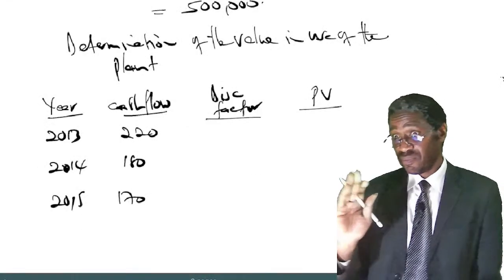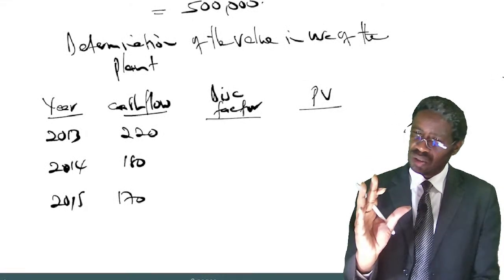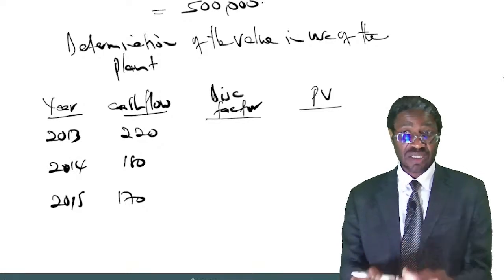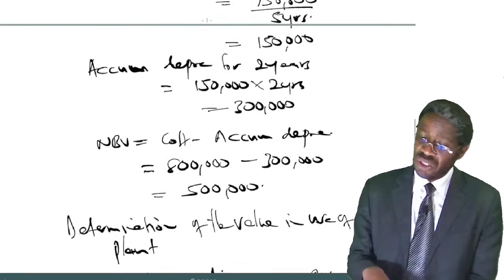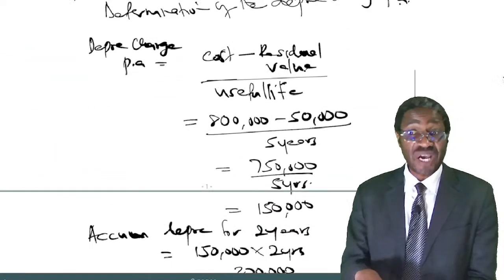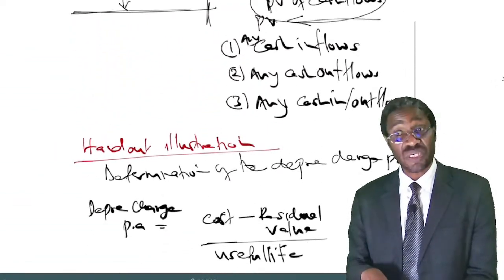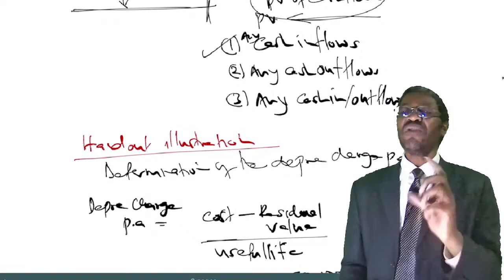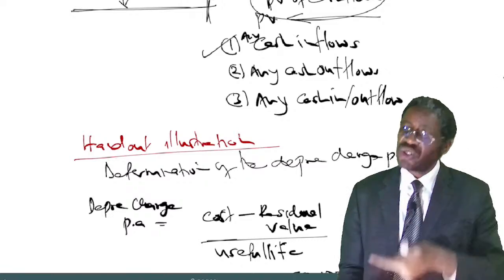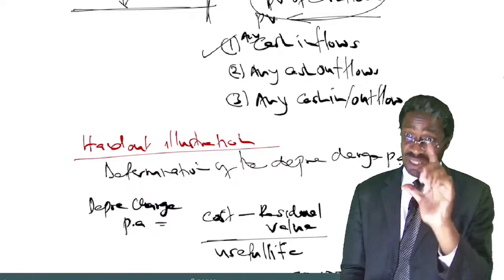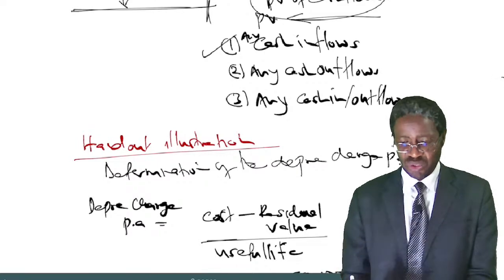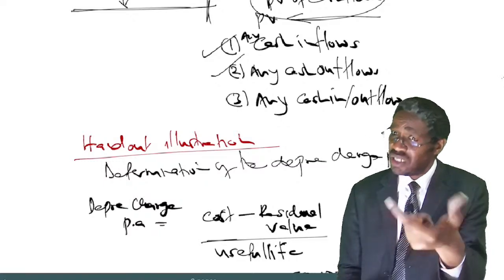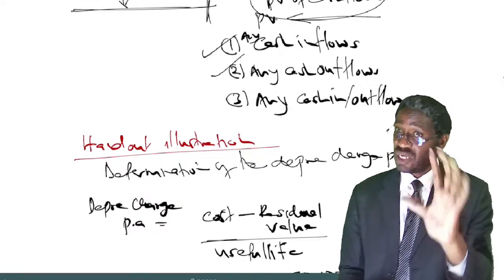Get the point? Listen, when you are determining the value in use of an asset, I reminded you which are the components of the cash flows that should be discounted. One, any cash inflows that will be generated from the continuous use of the asset. That one we have been given. Two, any cash outflow that is necessarily incurred in order to generate future cash flows.